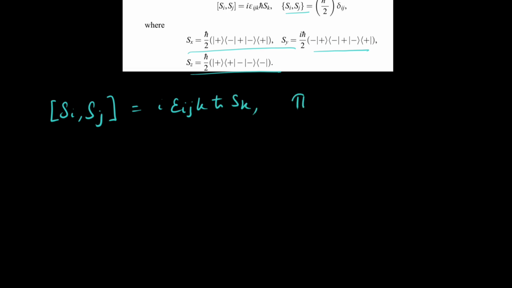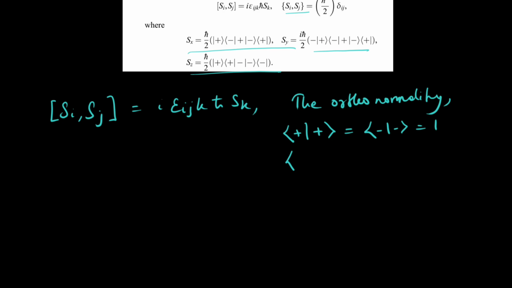So the orthonormality condition is just that the inner product of plus with plus is equal to the inner product of minus with minus, which is 1, and the inner product of plus with minus, which is equal to the inner product of minus with plus, is 0. So we'll prove for these identities.